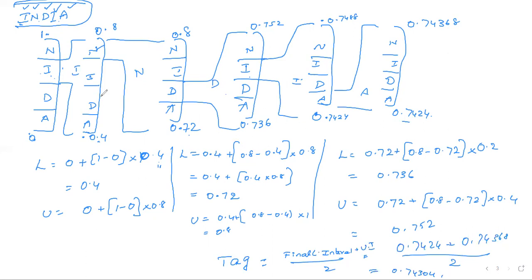This is the encoding process. In the exam, sometimes they will give the decoding process also. In the decoding process, they will give probabilities like this.